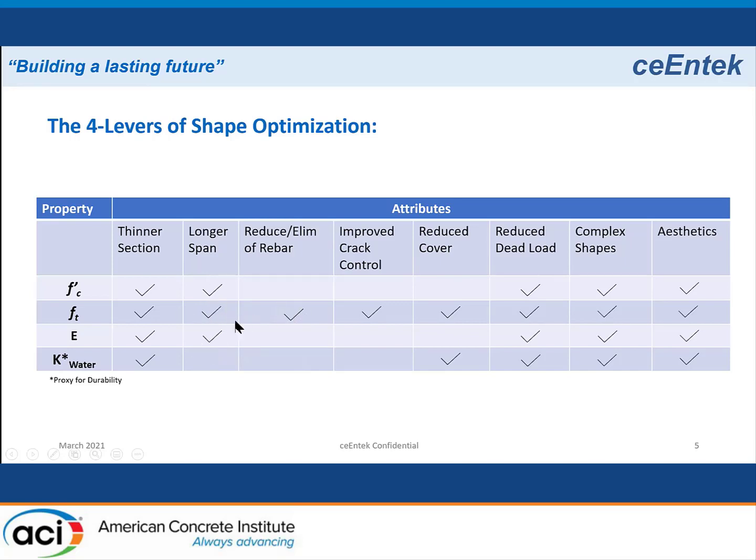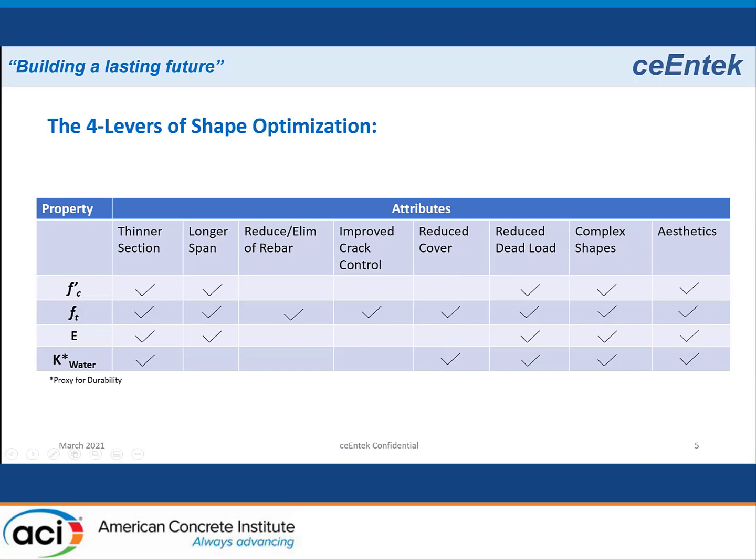You can eliminate rebar because of the post-cracking tensile properties of the UHPC. You can either reduce or eliminate it depending on the type of application and what you're trying to design. The tensile properties also improve crack control because of the fibers. You can reduce the amount of cover on any embedded reinforcing, because both the tensile properties and the durability properties allow you to reduce cover.